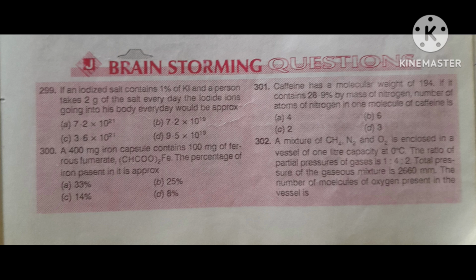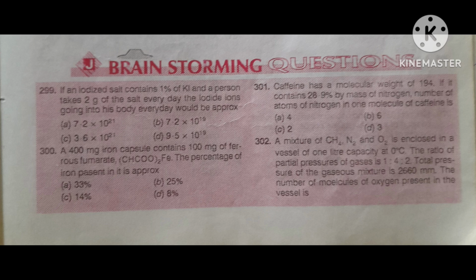Now here you have to apply your mind that 760 mm is the pressure due to oxygen gas. Actually all three gases are kept in a 1 liter container.